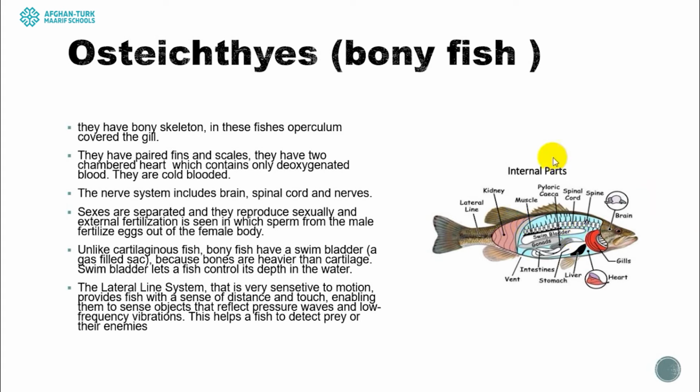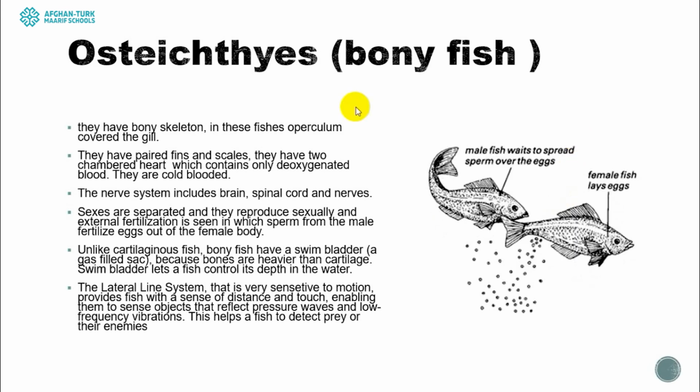About their nervous system, we can say that they got a brain and a spinal cord inside their spine, and this makes their nervous system. Sexes are separated in these animals, so they are doing external fertilization. The male is releasing sperm in water, the female is releasing eggs in water, outside their body, but in the water sperm and eggs fuse with each other, and the fertilized egg can grow into a new fish.